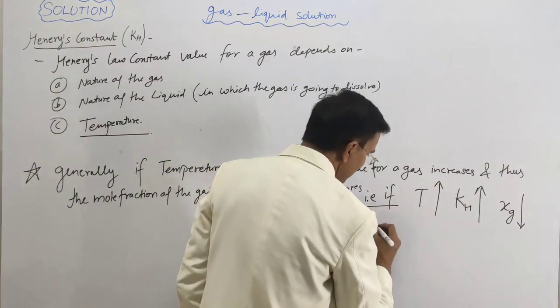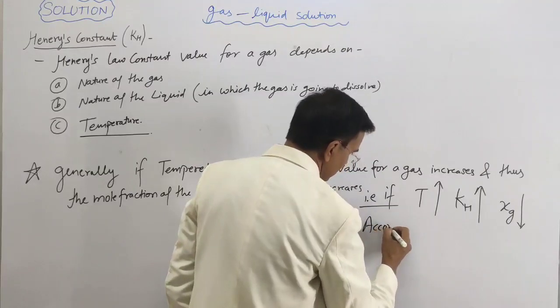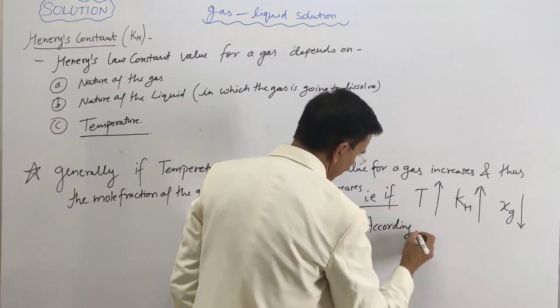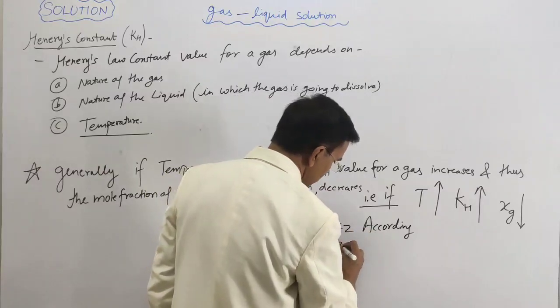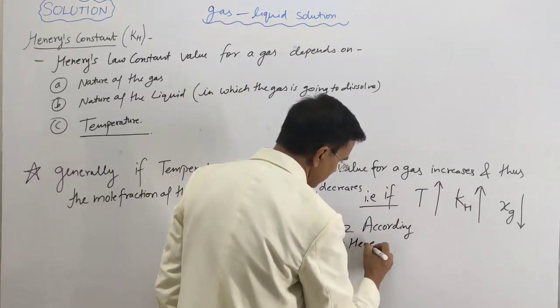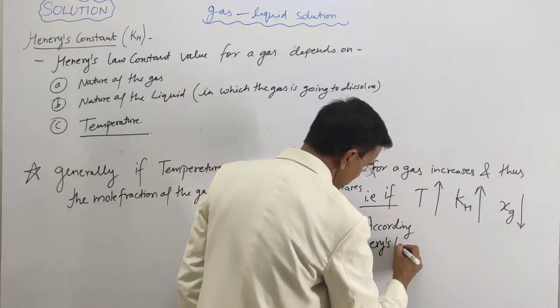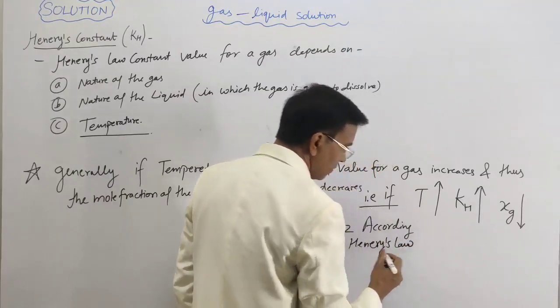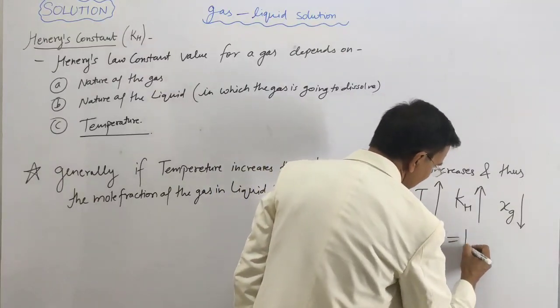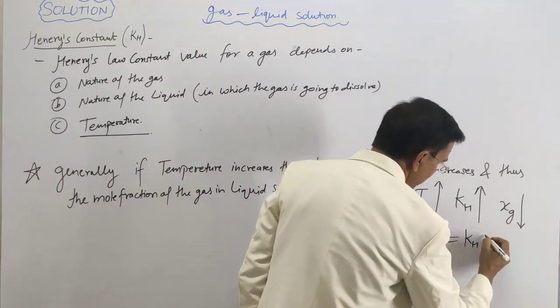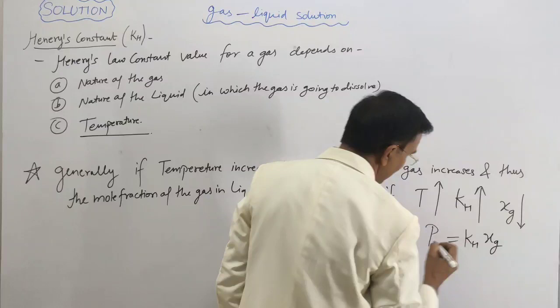Why is it so? Because according to Henry's law, the partial pressure of the gas is directly proportional to the mole fraction of the gas, right?